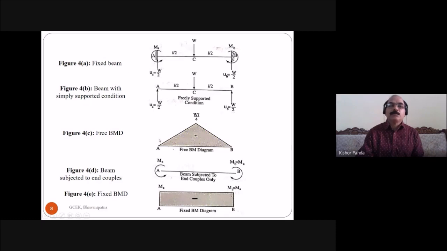The centroidal distance from this side is x1 bar, and the centroidal distance of this fixed BMD from support A is x2 bar. So the first equation is A1 is equal to A2. Then the second equation is A1 x1 bar is equal to A2 x2 bar. So using this moment area theorem, you can find out the fixed end moments MA and MB.